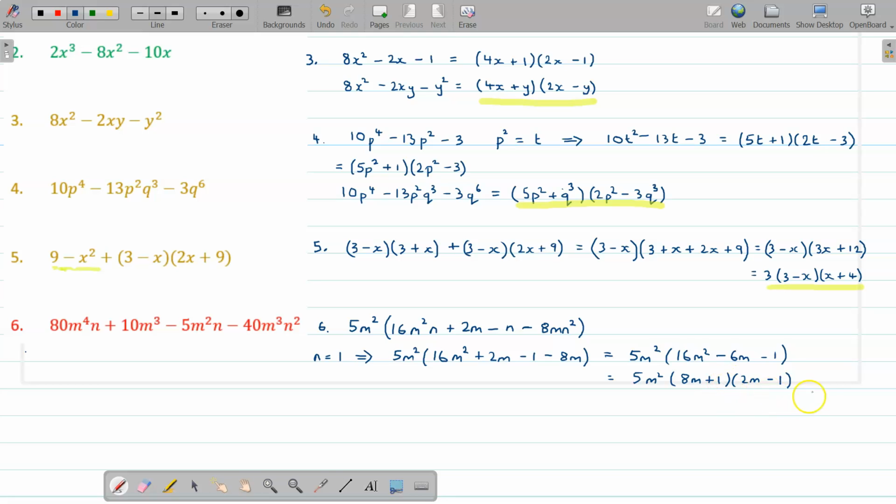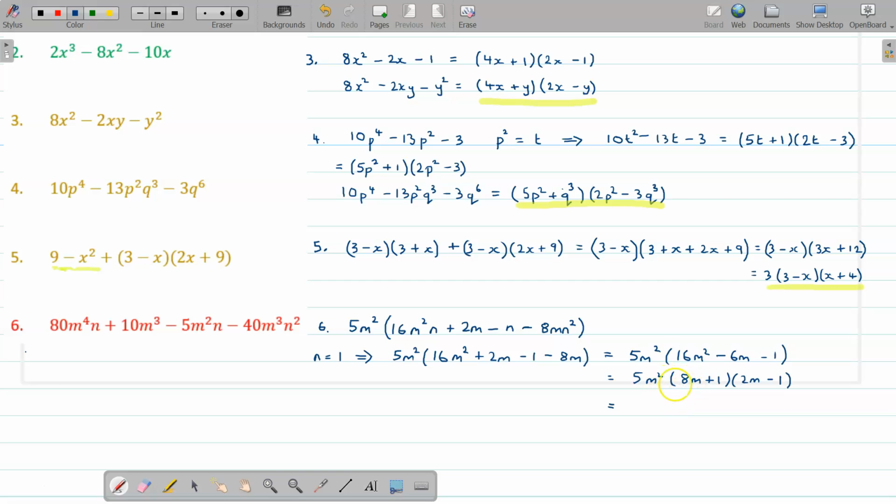But what we've got to do is go back to our original expression here, and try and match this up and see which of these ones we need to change back into n. Sometimes it's just going to take a little bit of inspection and trial and improvement, but there are a few things we can do.